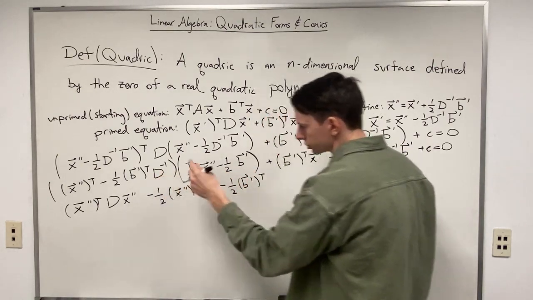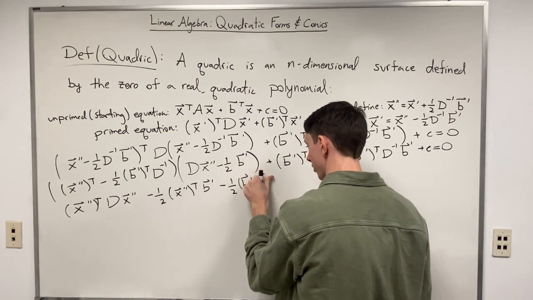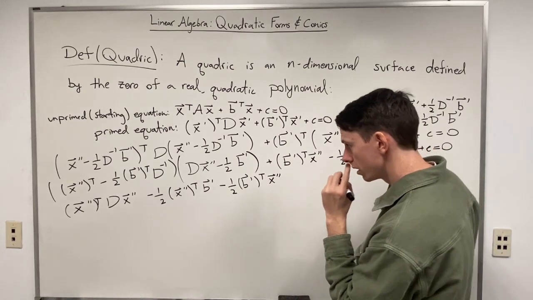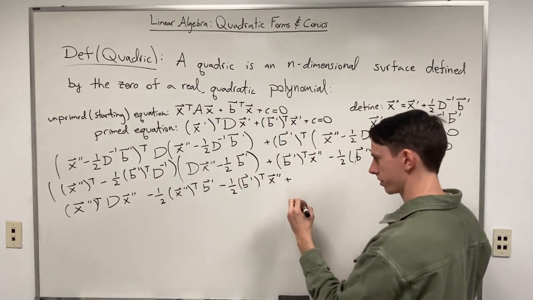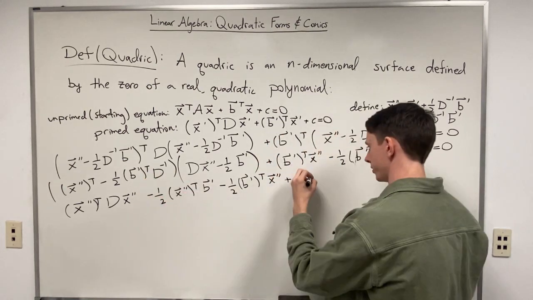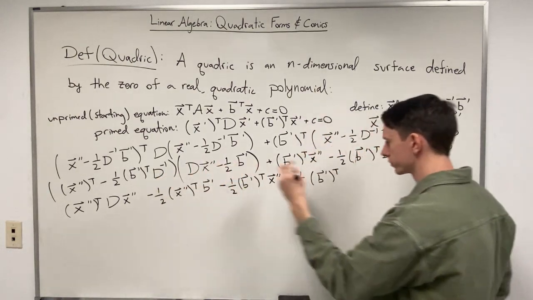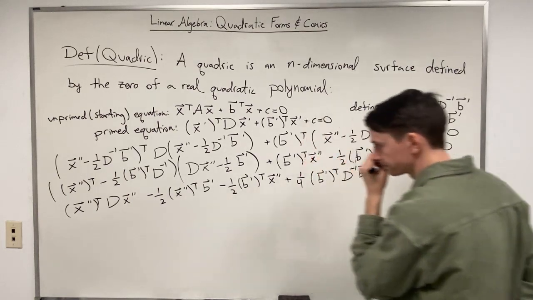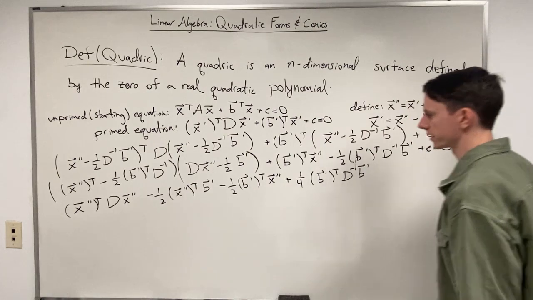Then we have D inverse D, those cancel out, and we are left with just x double prime. And then we have plus 1/4 b prime transpose D inverse b prime, like this. That should take care of expanding that product out.